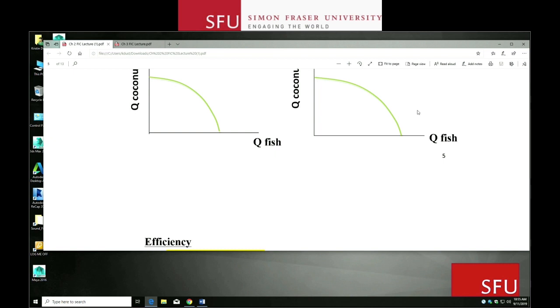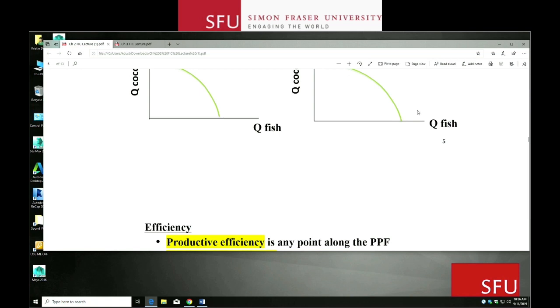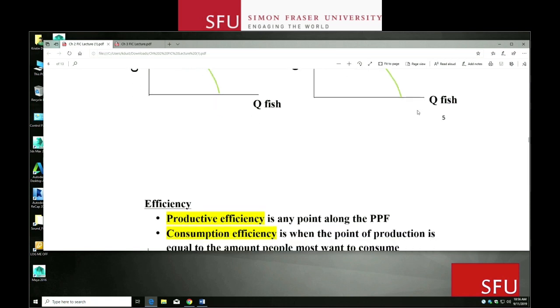Right? So we don't want to say maximize production of typewriters because nobody wants typewriters. What we want to produce is the maximum of the things that make people the happiest or give people the most satisfaction. Okay, so these two ideas of efficiency are productive efficiency and consumption efficiency.